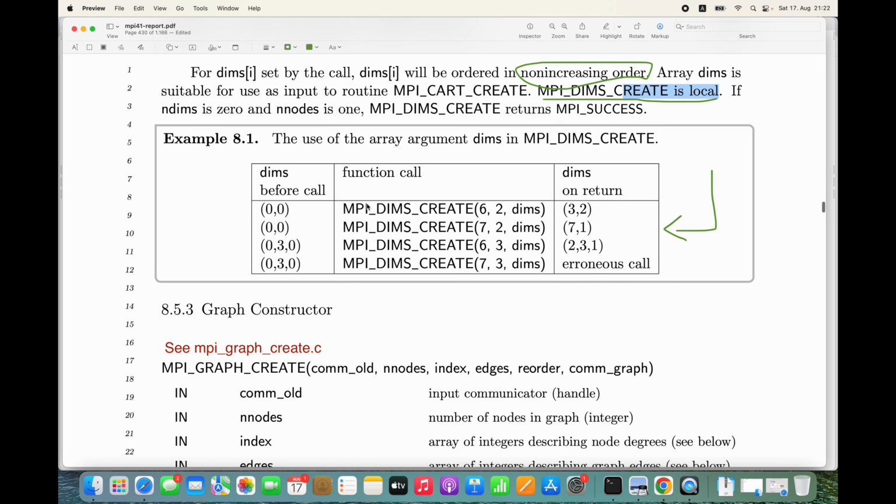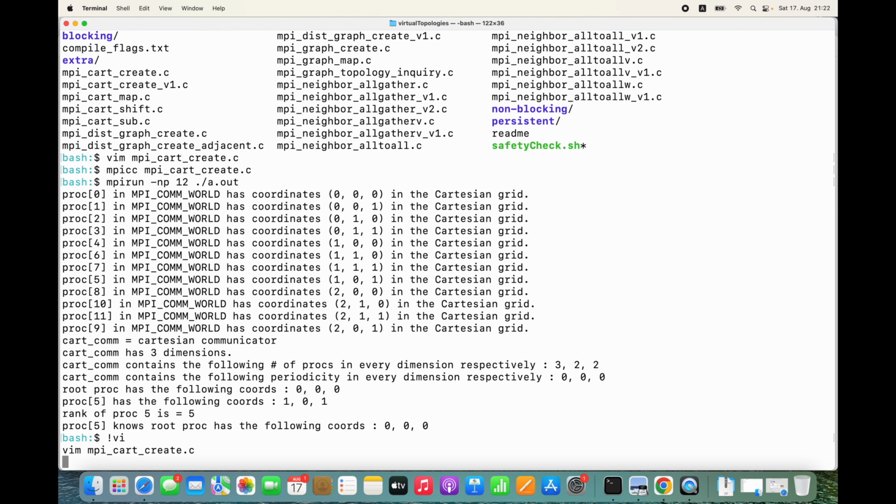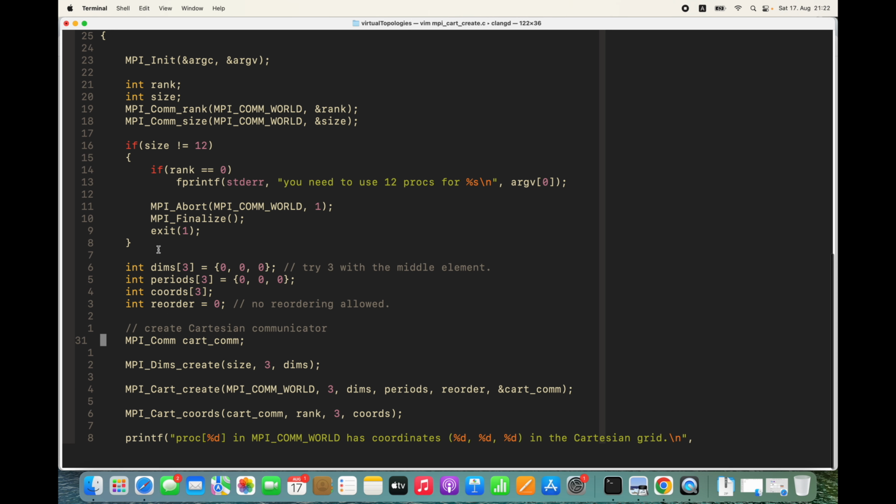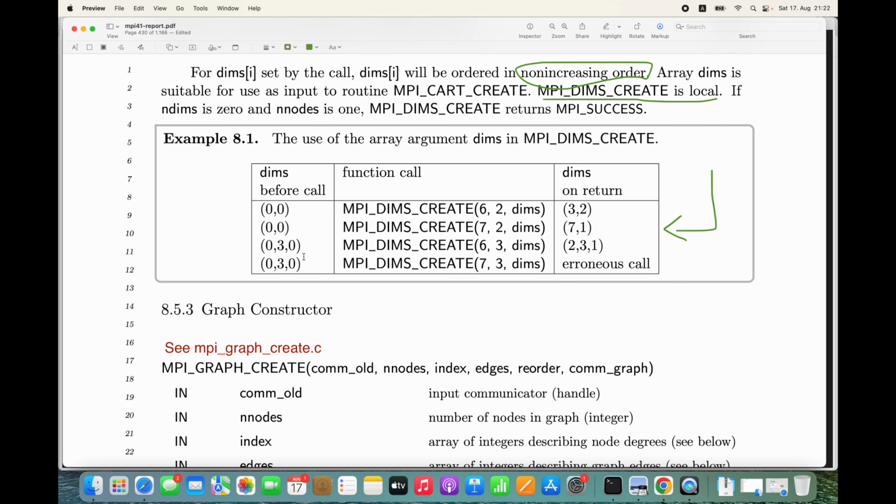So these are examples. For example, DIMS before call, 0 and 0. Let me show you. This is the DIMS that we passed. We initialized it with 0 and 0. Our previous example was 3-dimensional. This example is 2-dimensional. So imagine that we have a 2-dimensional scenario for our Cartesian grid, and the initial values that we supplied for the DIMS array are 0 and 0.